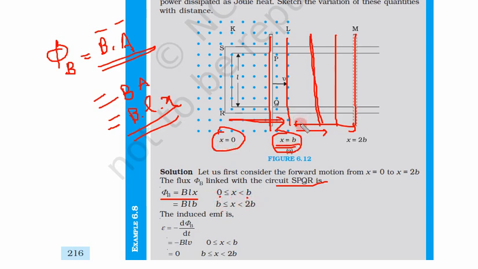Now when we reach this point, even if we are increasing the area, the number of magnetic field lines enclosed by this loop is not increasing, it is constant, up to x equal to b. So x is replaced by b, and flux is BLb, from x equal to b to 2b.